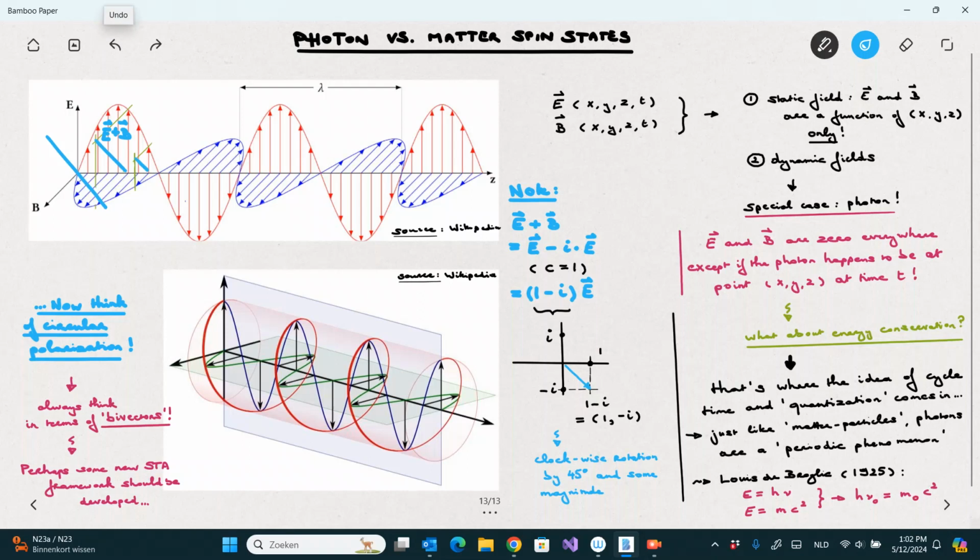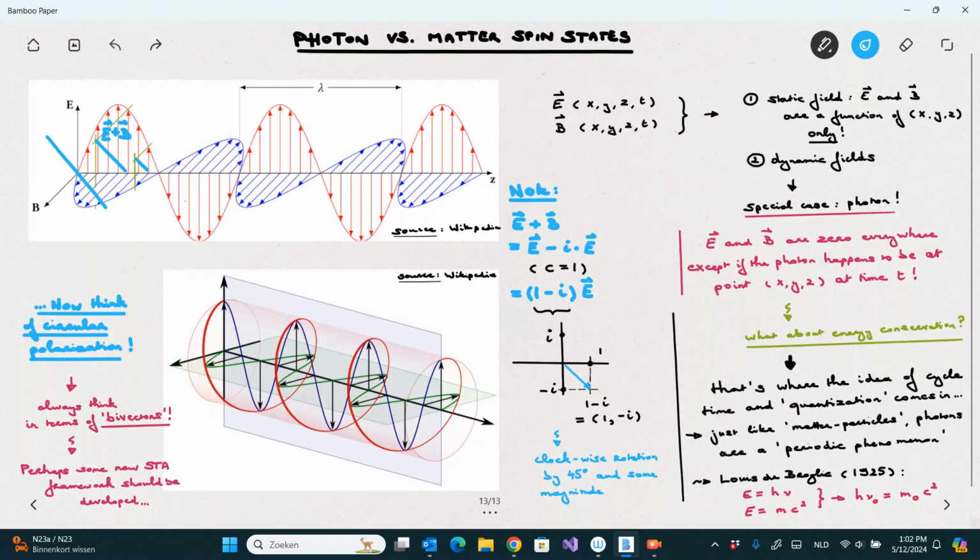Now, the trick to understanding a lot of things is to realize that in an illustration like this, they usually conveniently break down that vector into a vertical and a horizontal component. So here we have this one.